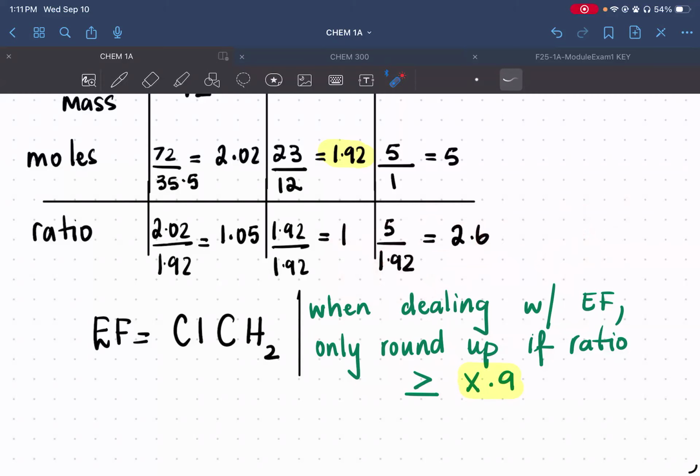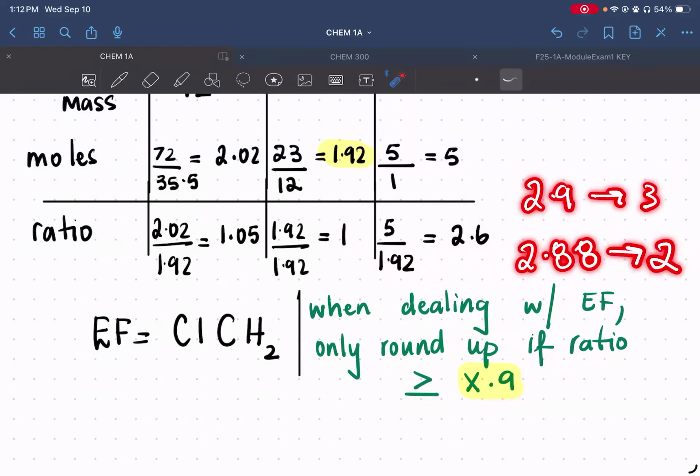So the rule for rounding up when dealing with empirical formulae is that you only round up if the ratio is over 0.9. So if this were 2.9, it would round up to 3. If it were 2.88, it would round to 2. So it is on me as the instructor, the one making the questions, to make sure that it's not ambiguous at all.